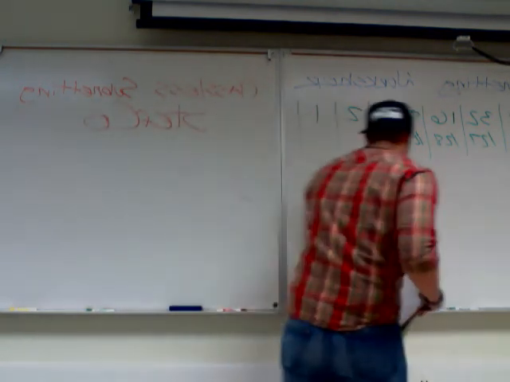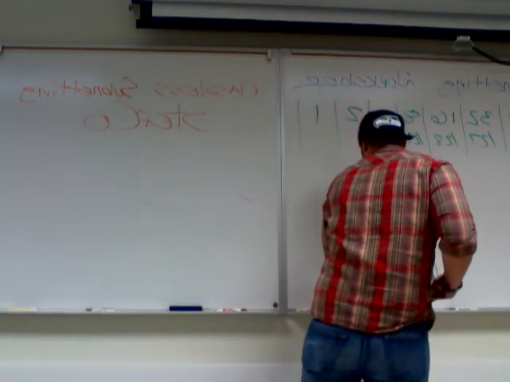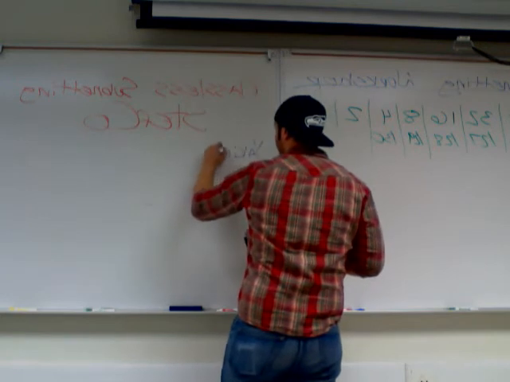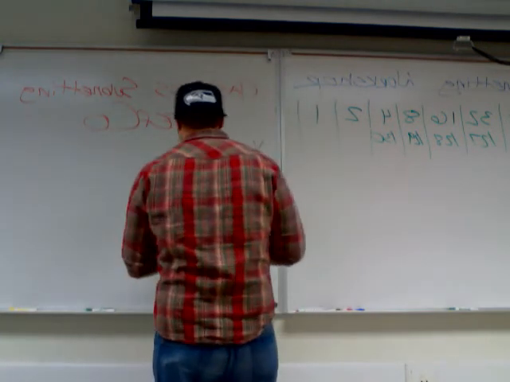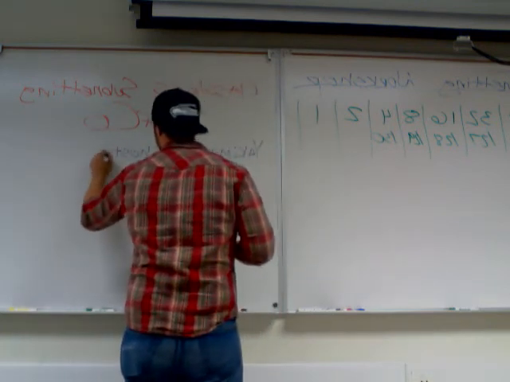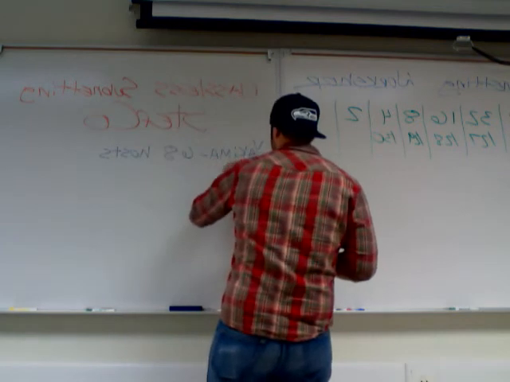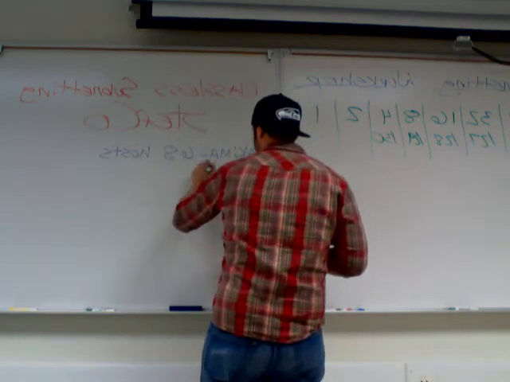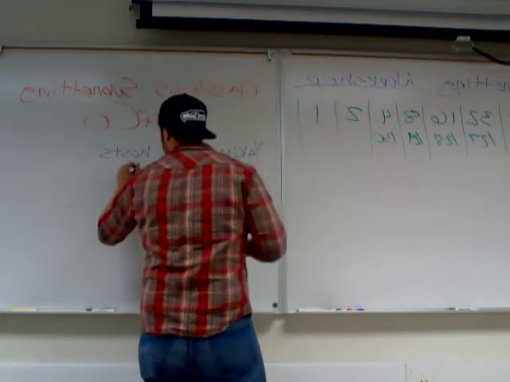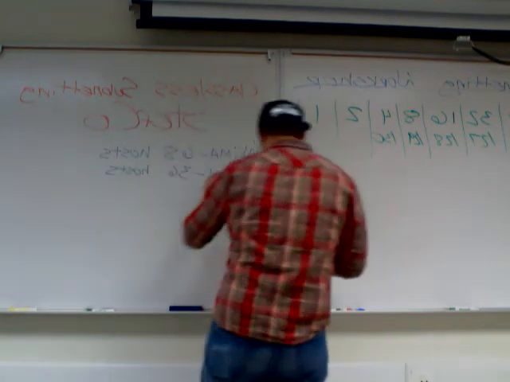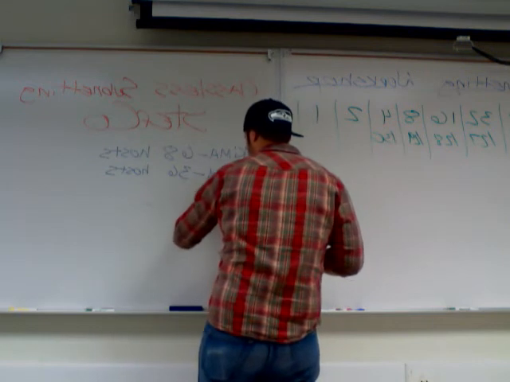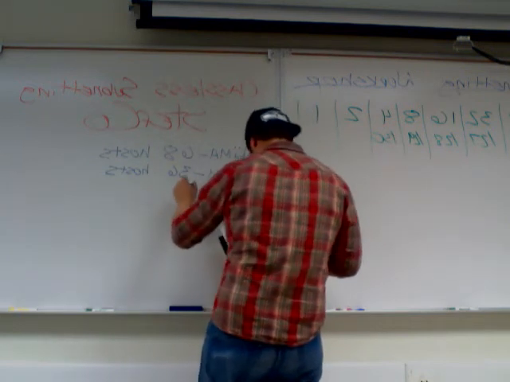So, he wants Yakima to have 68 hosts. Richmond, 36. He wants 15.